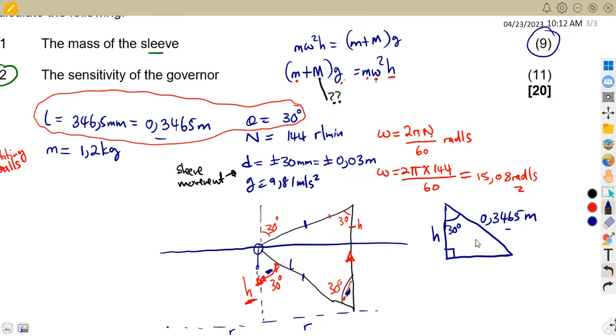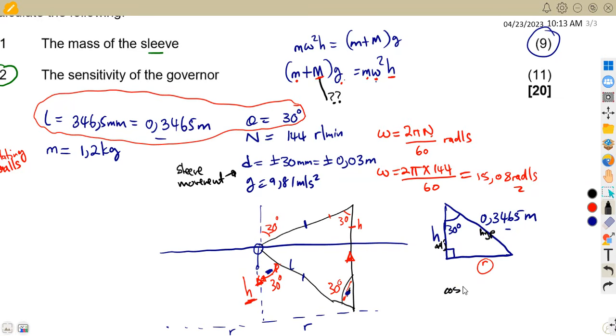So you are using your normal trigonometrical ratios, the application of trigonometry, because what we need is h. h is the only unknown for us to calculate m. So we are going to apply the cosine ratio, because this is our adjacent and this is our hypotenuse.